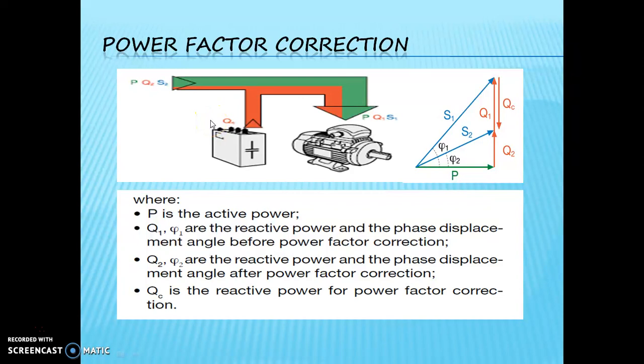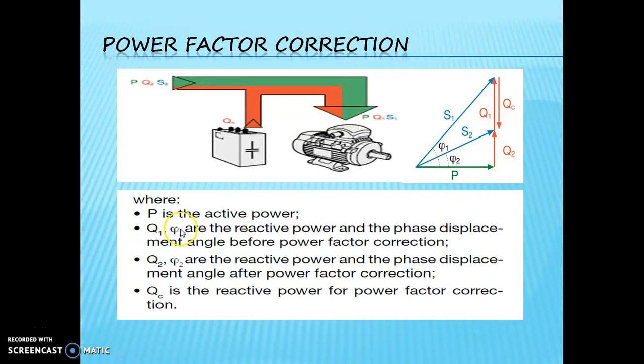In this picture you can clearly understand this is a power triangle. From this, P is the active power taken by this induction motor. Then phi 1 is the angle of displacement. Then Q1 is the reactive power of the induction motor before power factor correction.